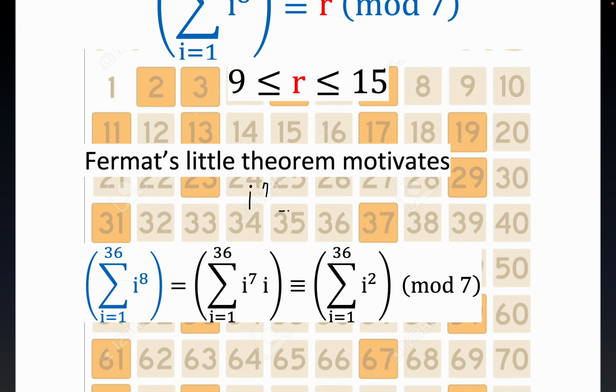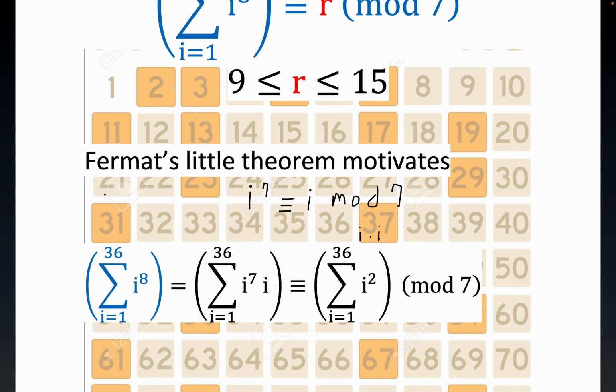Okay, A is kind of the default letter that people use in number theory textbooks, but let your A be the I. And so see how this I to the 7th literally gets replaced with I times I. And that's because this I to the 7th literally is the same as I mod 7. You can check it out.